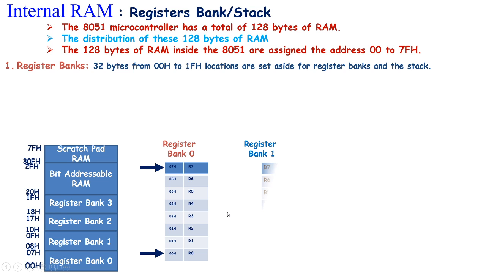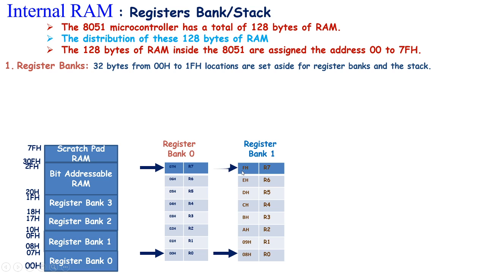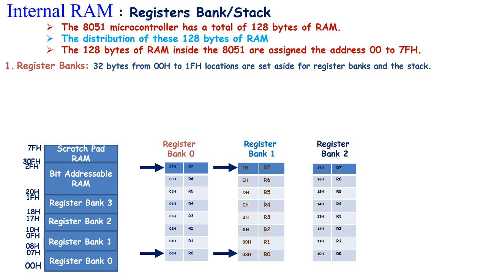Register bank 1 also has 8 registers. The starting address is 08H and the ending address is 0FH, meaning again 8 registers are there. Register bank 2 consists of 8 registers. The initial address of this bank is 10H and the final address is 17H.